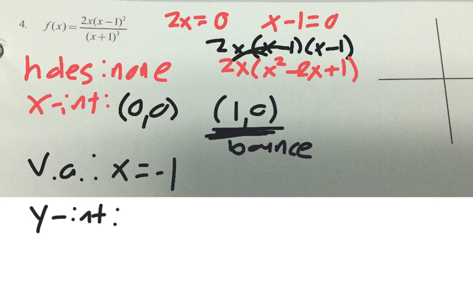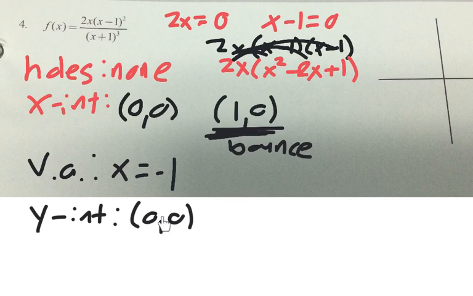But now what happens when I distribute here? Where's my constant term? I don't have one. I have 2x to the third minus 4x squared plus 2x. So my constant term is gone. It doesn't exist. So that means it's at 0.